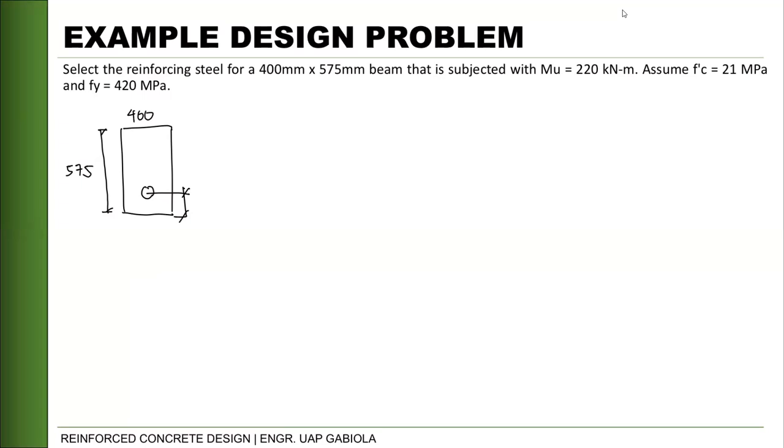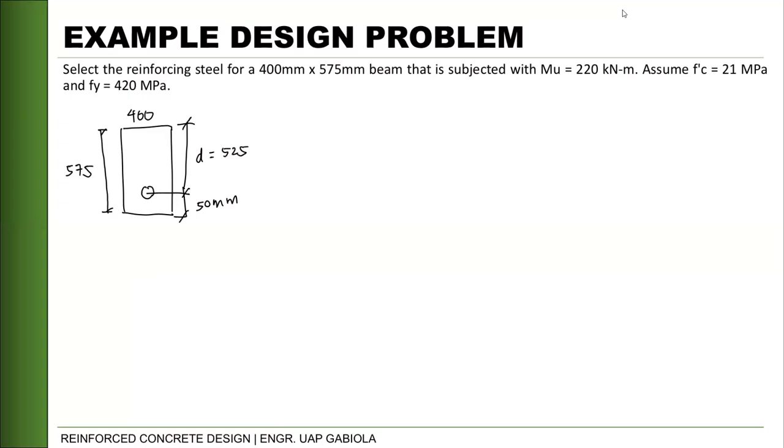So we can assume 50 mm. Then our effective depth is the total depth minus the concrete cover, that is 525 mm.